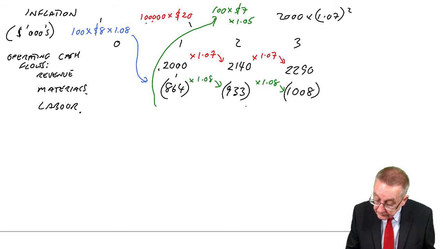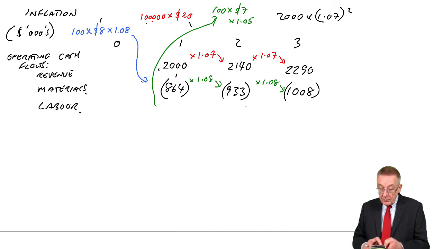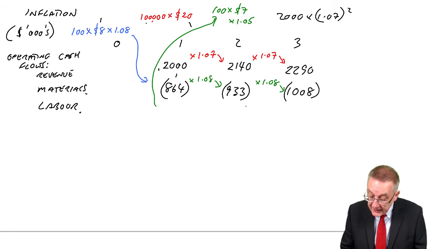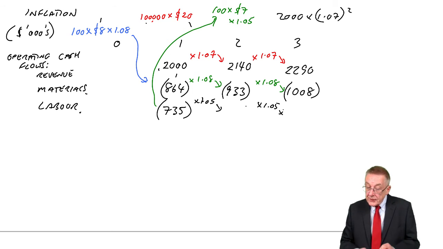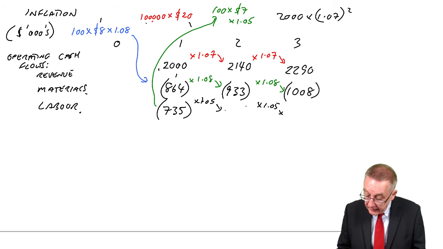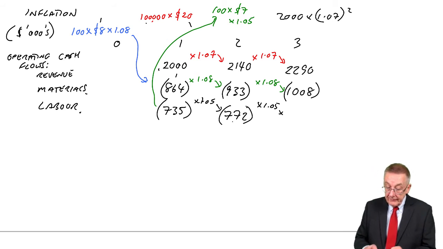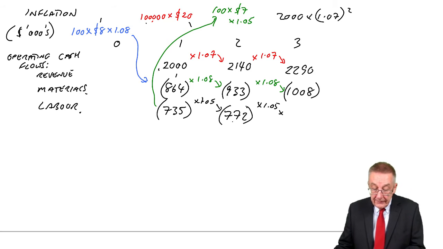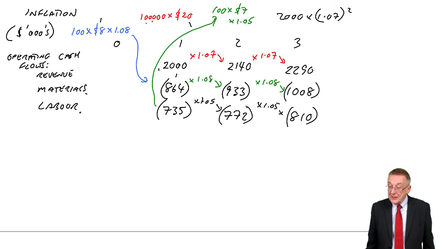And therefore, the actual cash outflow at time 1, 700 times 1.05 is 735. And then, of course, carry on inflating at 5% each year. So at time 2, 735 times 1.05, 772. And at time 3, another 1.05, 810. I hope you're checking my figures and I hope they're right, but I'm more concerned about the principle.